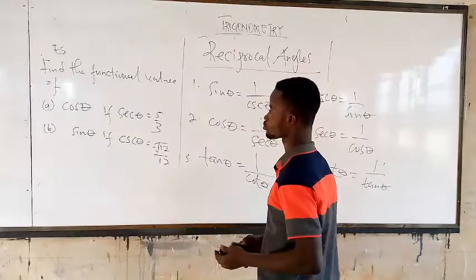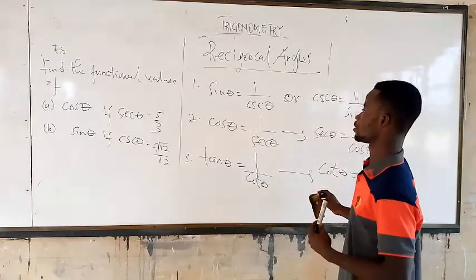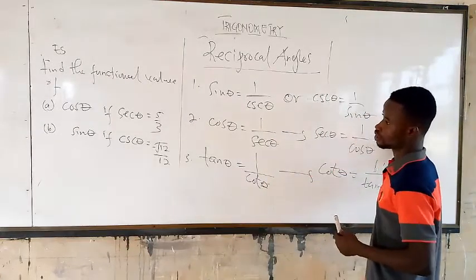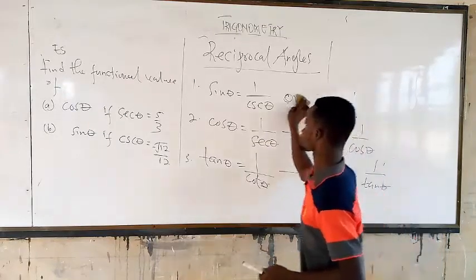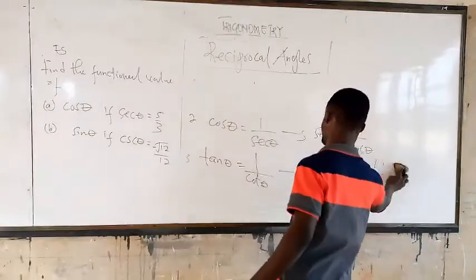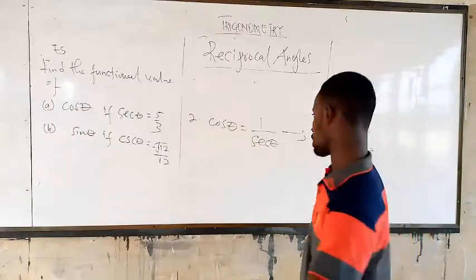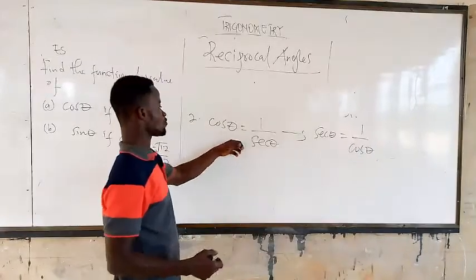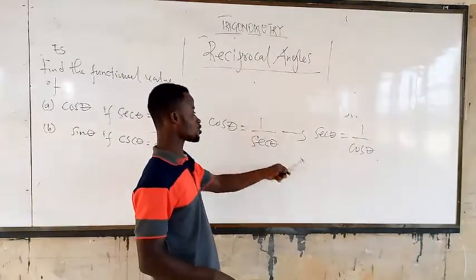Alright. Now we know that, let's take it from here. I'm doing only the first one. From this identity, we know that cos theta is equal to this.